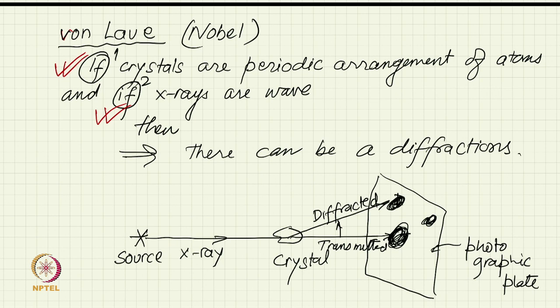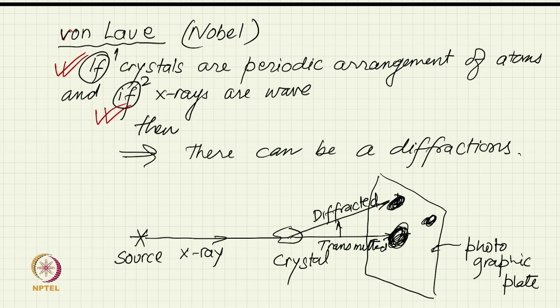If diffraction did not happen, then he would not be able to answer either question, because maybe X-ray is a wave but the crystal is not periodic, which is why you did not get diffraction, or maybe X-ray is not a wave and the crystal is periodic, which is why you are not getting diffraction.